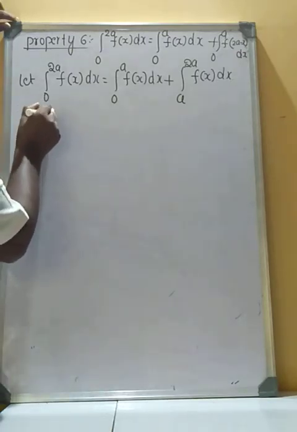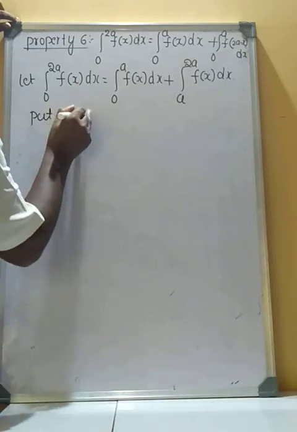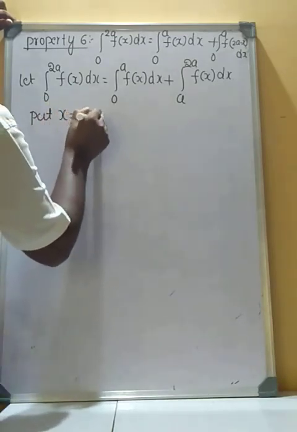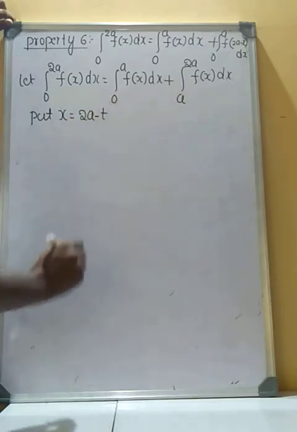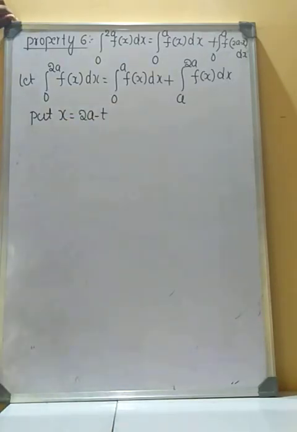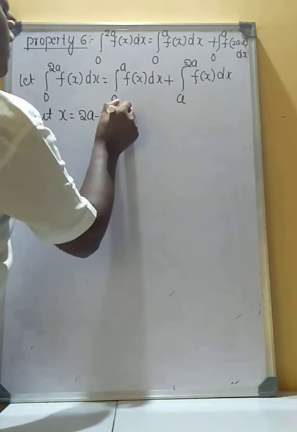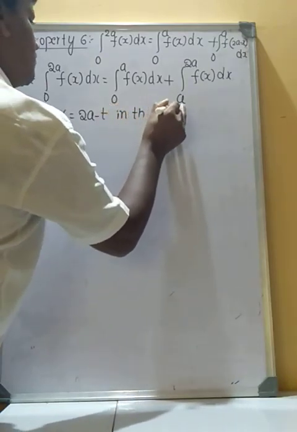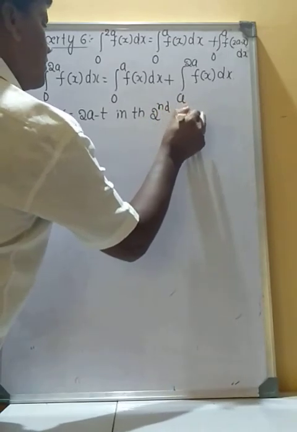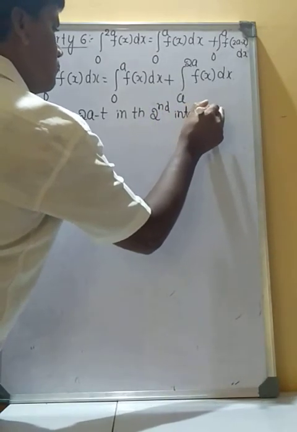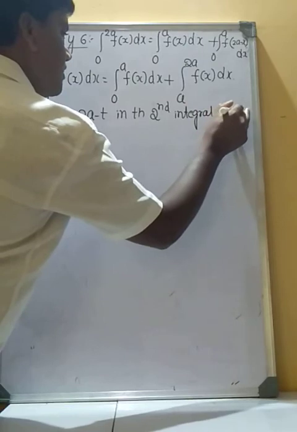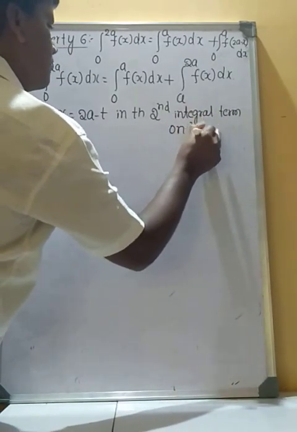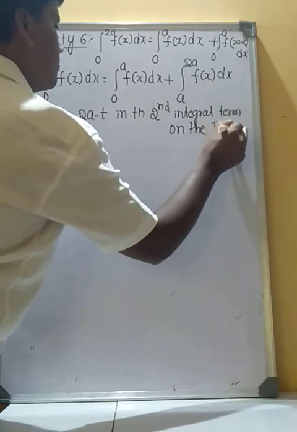Put x is equal to 2a minus t in the second integral term on the right hand side.